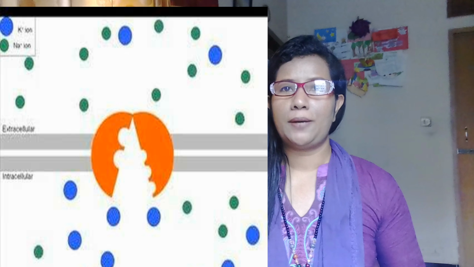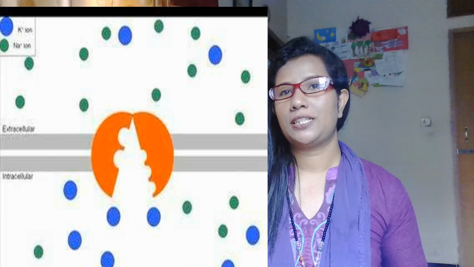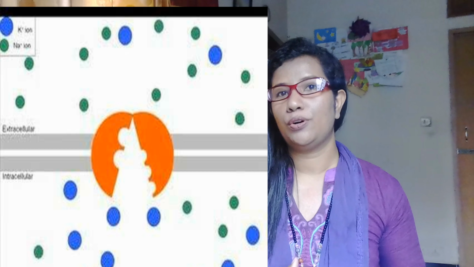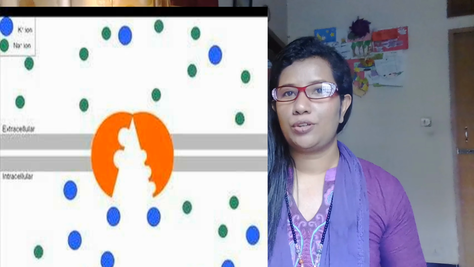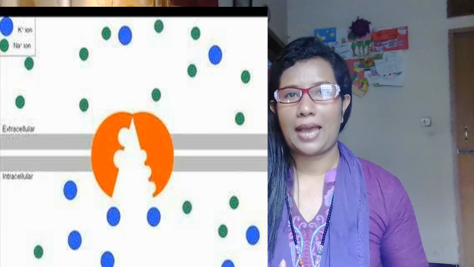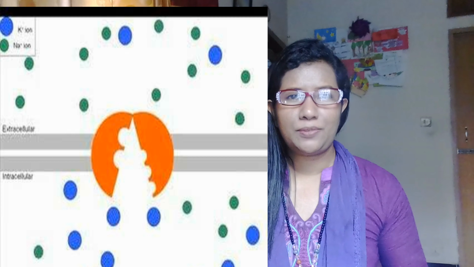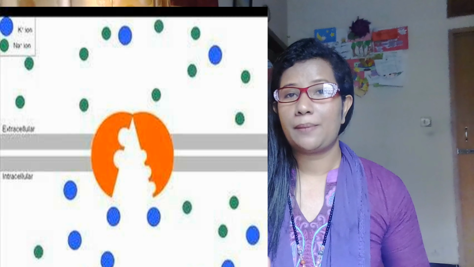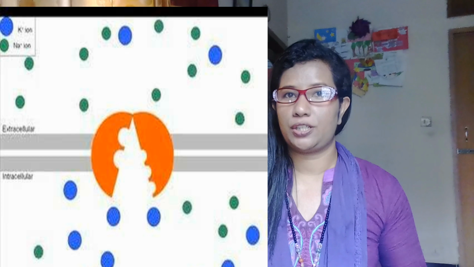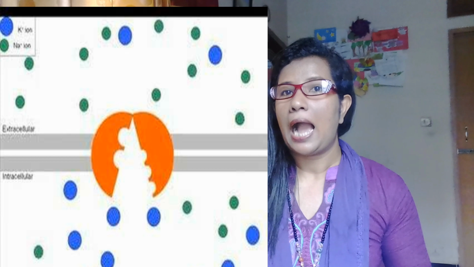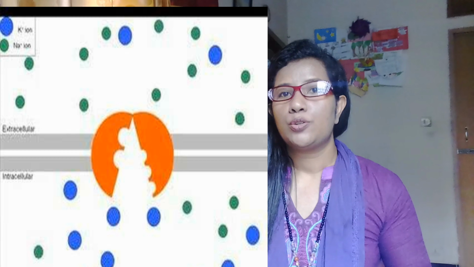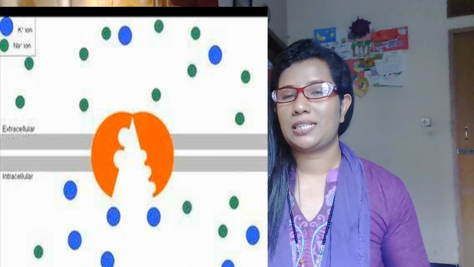After about 1 millisecond, all the sodium voltage-gated channels close, so sodium ions stop diffusing into the axon. At the same time, the potassium ion channels open, and potassium ions therefore diffuse outside of the axon, down their concentration gradient.